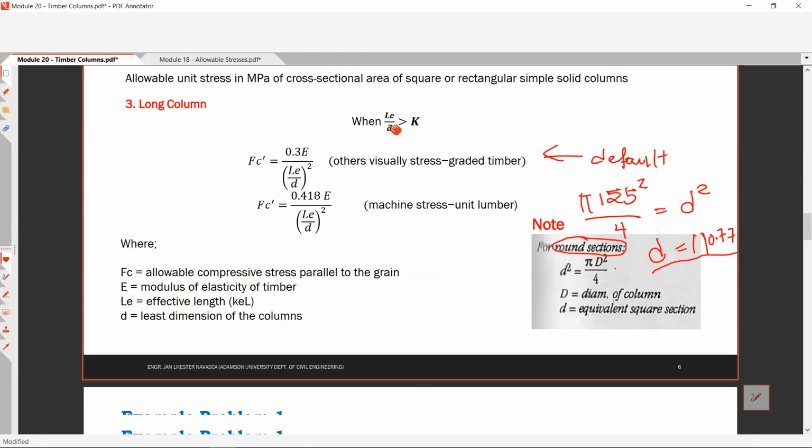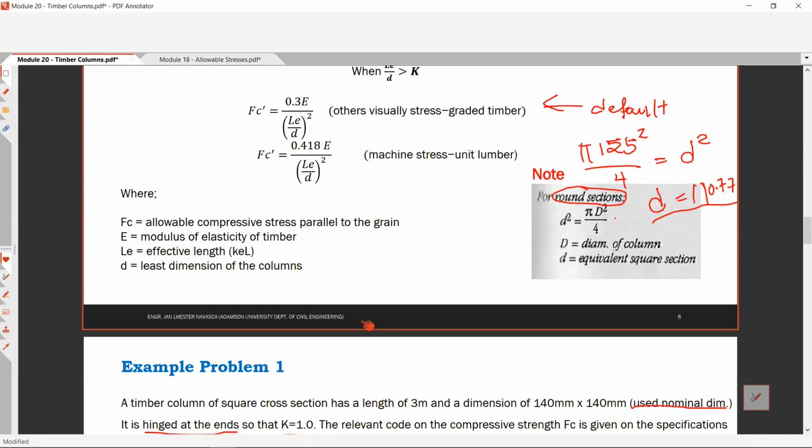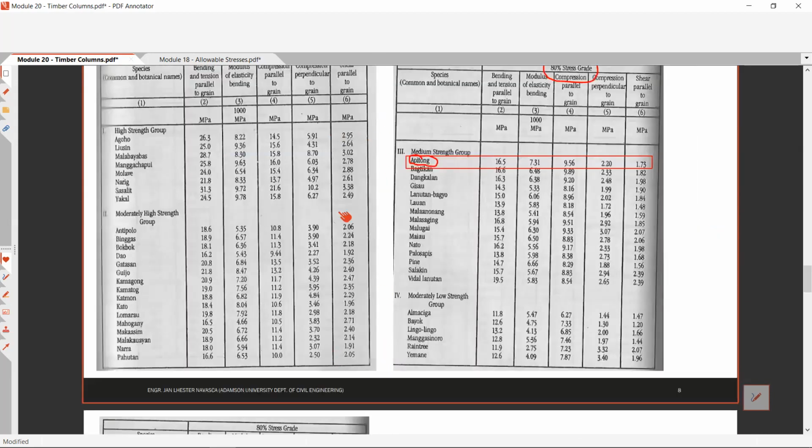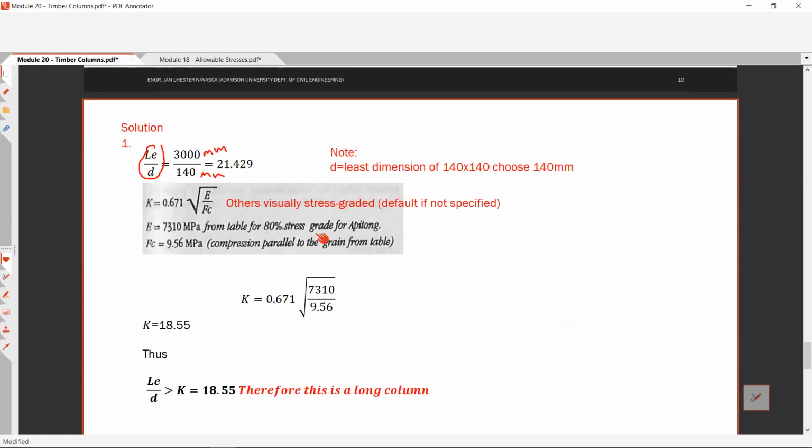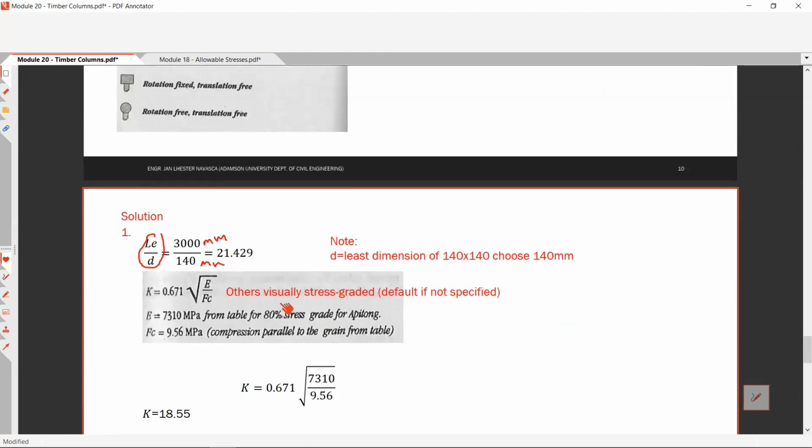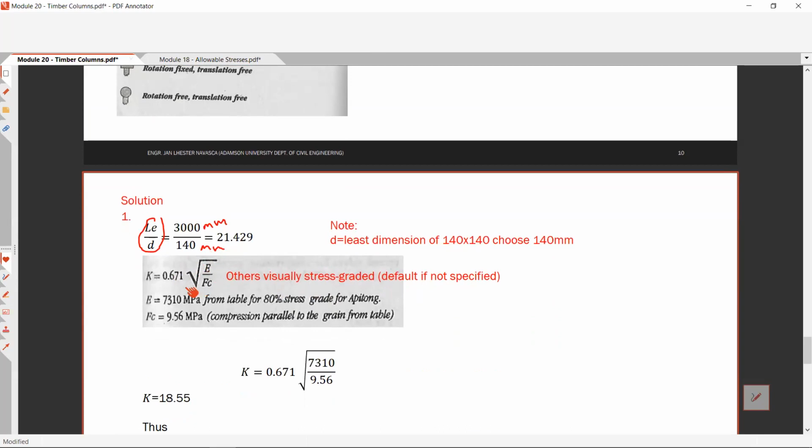Okay, so you need to find the value of your K. So hanapin natin yung value ng K. The value of K, sabi niya dun sa problem, that is visually stress graded, or if not specified, this one is the default value. Whereas yung E natin is 7310 megapascal or 7.31 times 1,000. Okay, this one is from the table for 80% stress grade for Apitong. Your FC is 9.56 megapascal, that is the compression parallel to the grain given in the table.